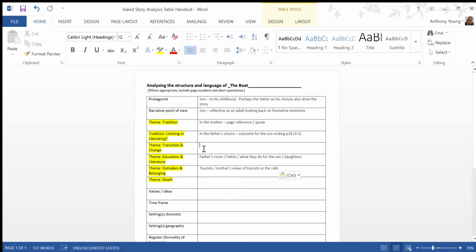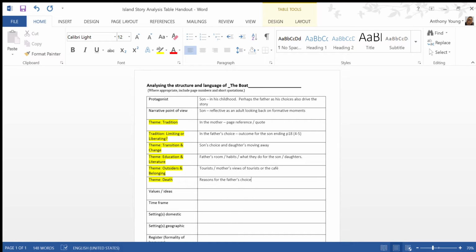The transition and change, we have obviously the son's choice and the daughters moving away. So any comments or commentary in the text on those sorts of things, or people's views on those sorts of things, is worthwhile. The last one there is death, and we have, say, the reasons for the father's choice.